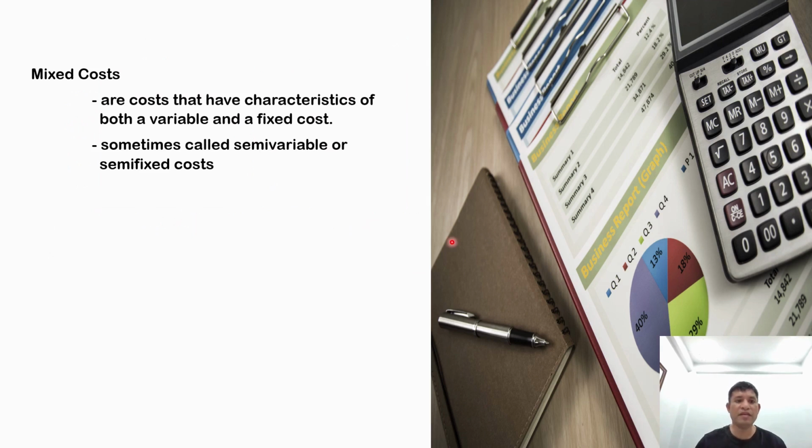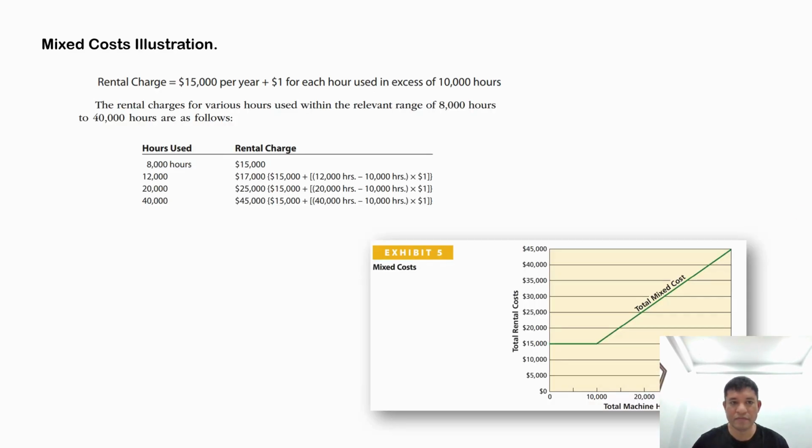Let's move to the mixed costs. Mixed costs are costs that have characteristics of both a variable and a fixed cost. Sometimes this is called semi-variable or semi-fixed costs. Mixed costs illustration.